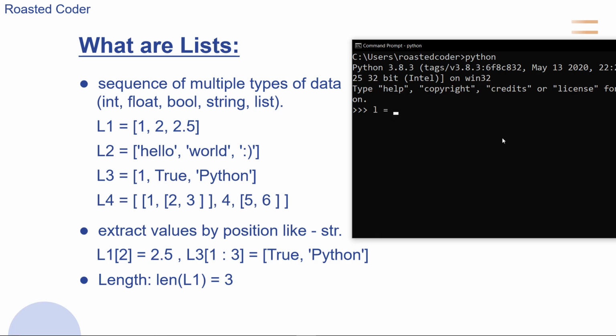L equals to... Now if you want to extract 2.5 from L, then we just have to do L of the index of 2.5, that is 2. You can see it's 2.5.